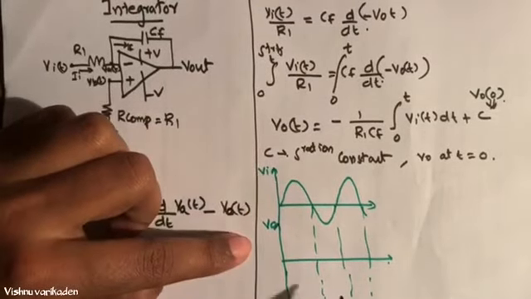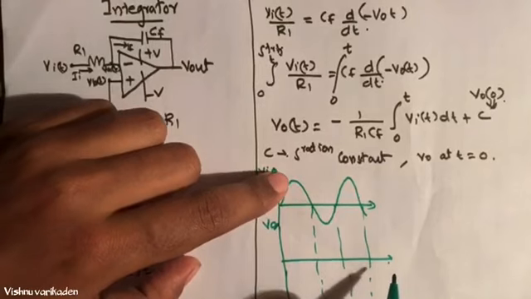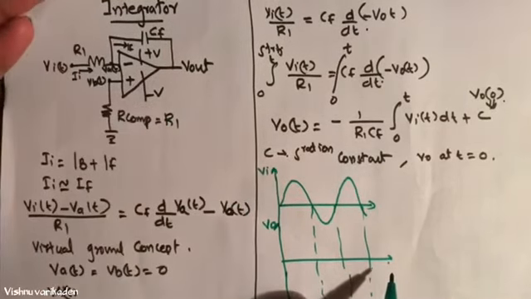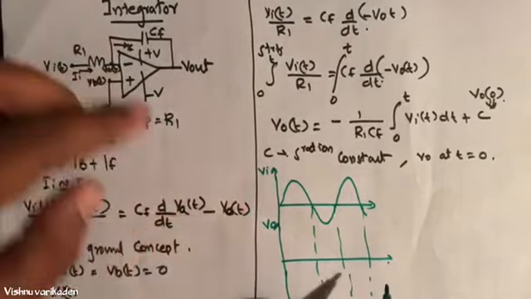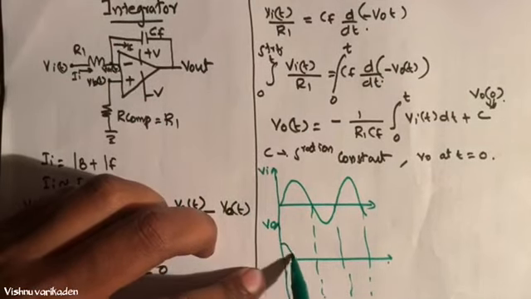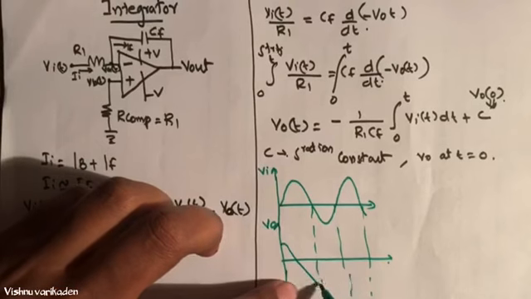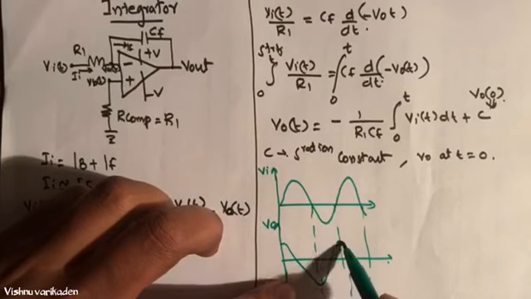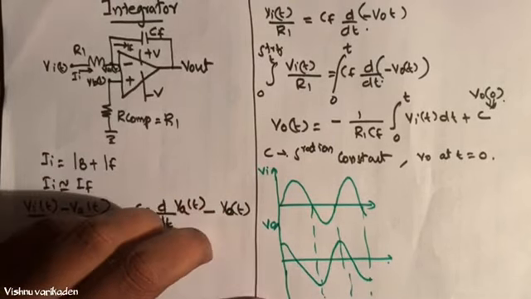Whenever the input is rising, the capacitor is charging, but there is a negative voltage. So it comes like this and moves like this.